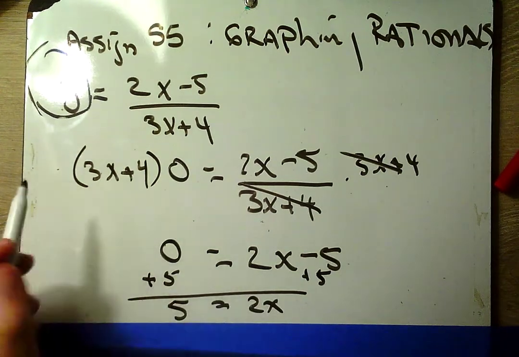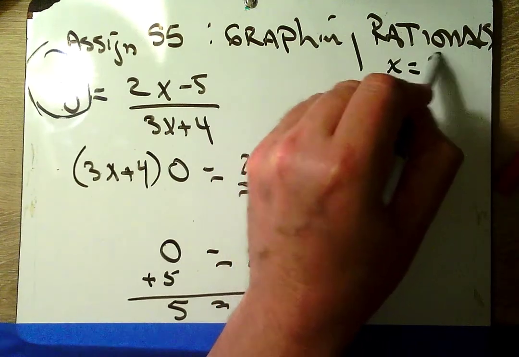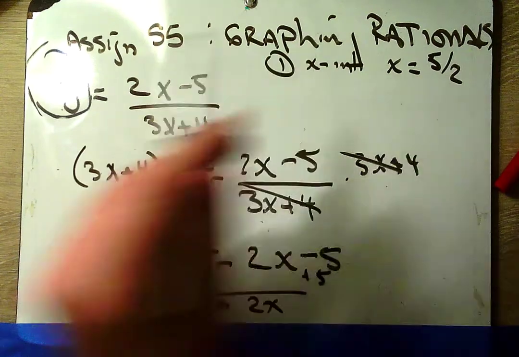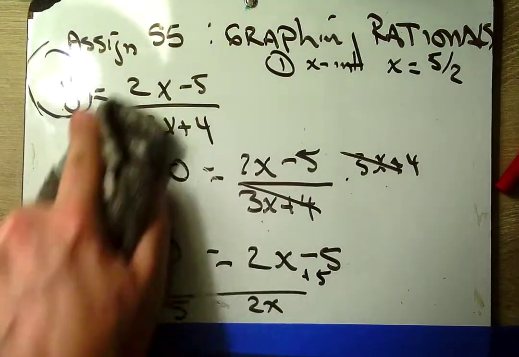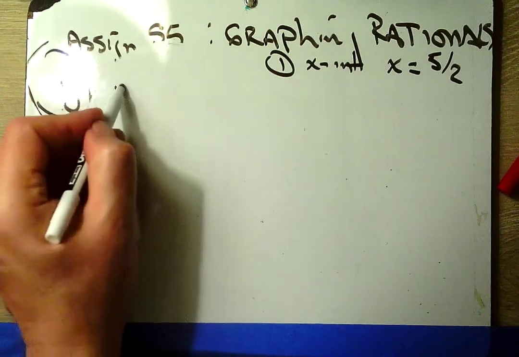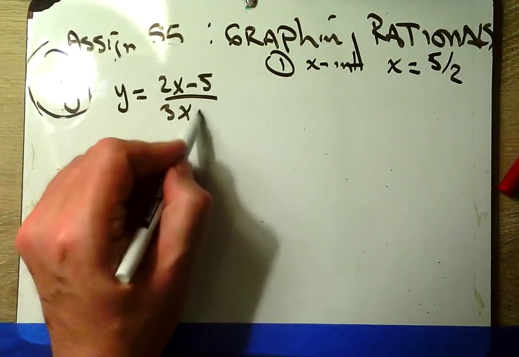And then divide by 2. So we know that the x-intercept is at 5 halves. And that's the first thing I want to find. I want to find that x-intercept. Okay. And y equals (2x minus 5) over (3x plus 4).